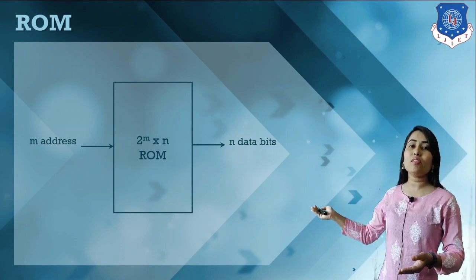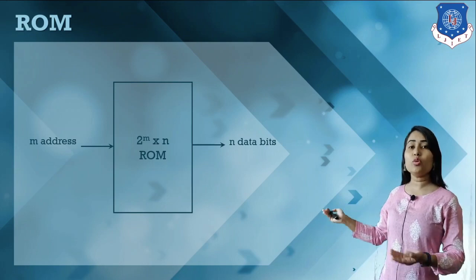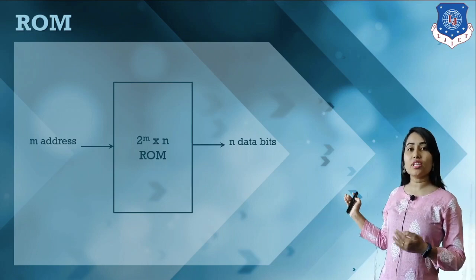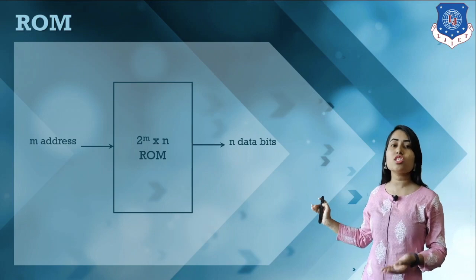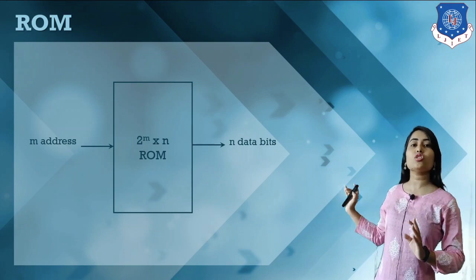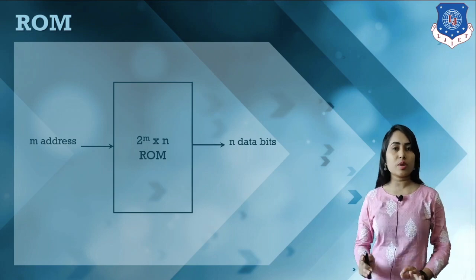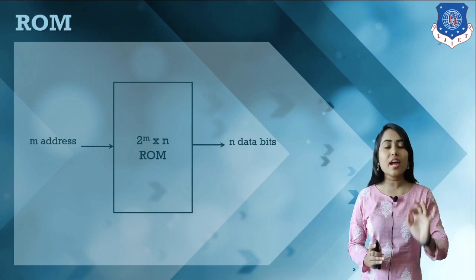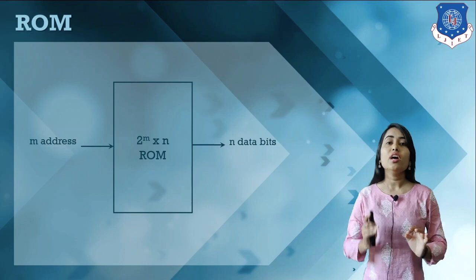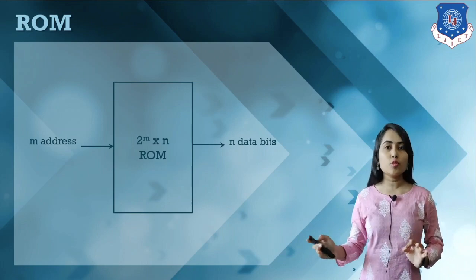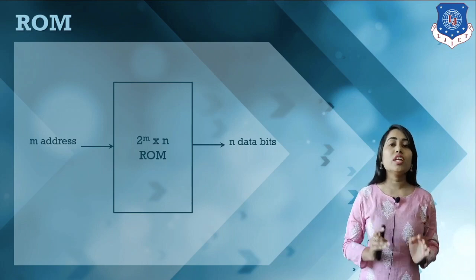We have the address input and a data output. That means we just specify the address, and whatever data is stored at that address is retrieved at the data output side. So this is our read only memory.